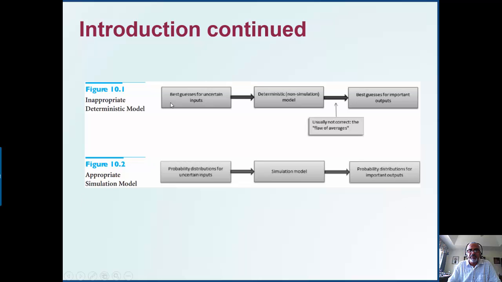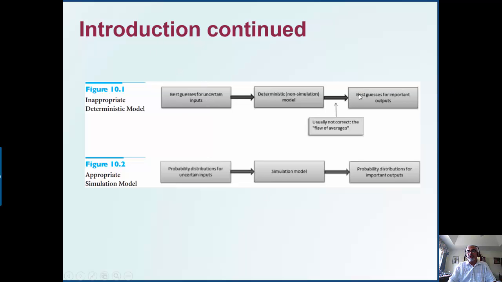A deterministic model is one where we do not incorporate any probability for the input values. So we have our best guess for our input, and then we have the model, and we have the output that comes from the model. So we probably use the average value for the input. Like if you're talking about demand, we take the average daily demand and use that average in our analysis.